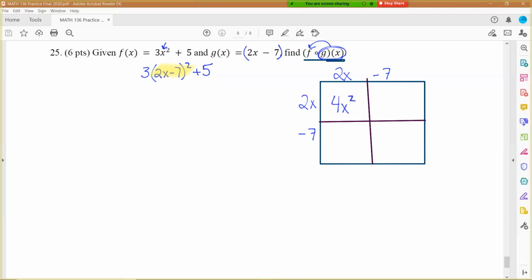So since it's in parentheses squared, anytime it's in parentheses squared, you multiply it by itself. So 2x times 2x is 4x squared. 2 times negative 7 is negative 14x.